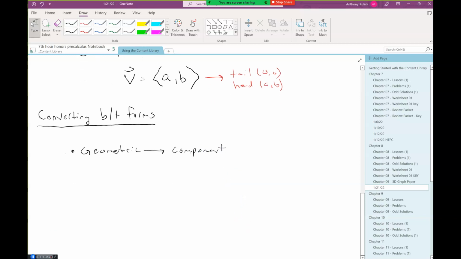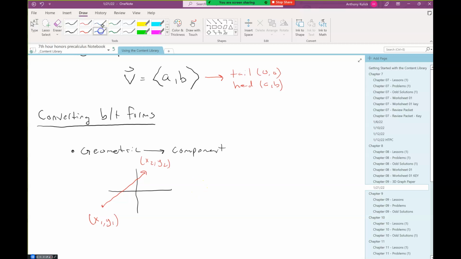So the first conversion we'll talk about is going from geometric to component form. Again, in geometric form, we have 2 points, one at the head and one at the tail.